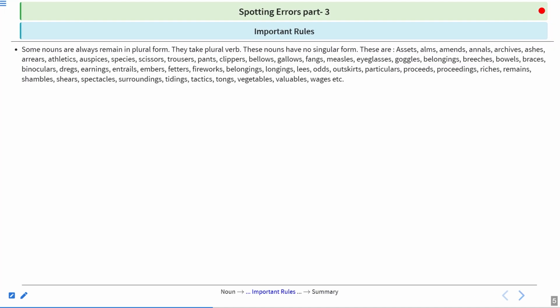Important rules. Some nouns always remain in plural form. They take a plural verb. These nouns have no singular form. There are certain nouns which are used in plural form because they come in pairs, and the other nouns are as they are.